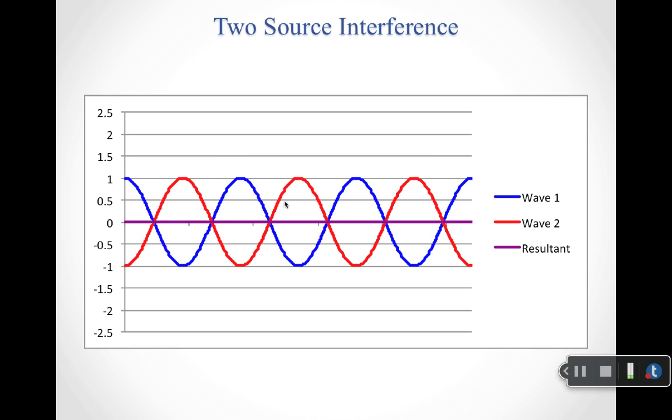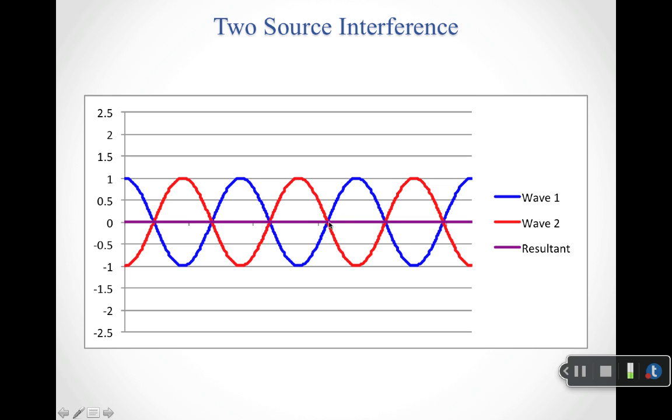And again, as I keep sliding them, it just gets smaller and smaller until I reach a situation where the red wave is at a peak, a positive maximum, and the blue wave is at a trough, a negative maximum. So when I take basically +1 and add -1, I get 0.